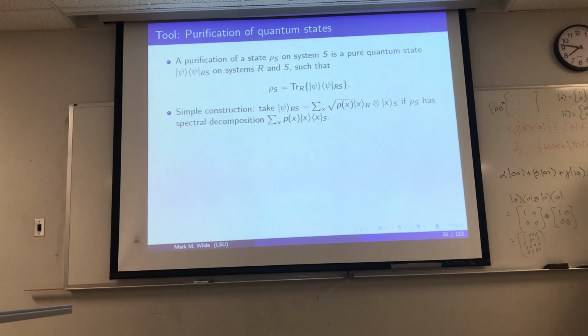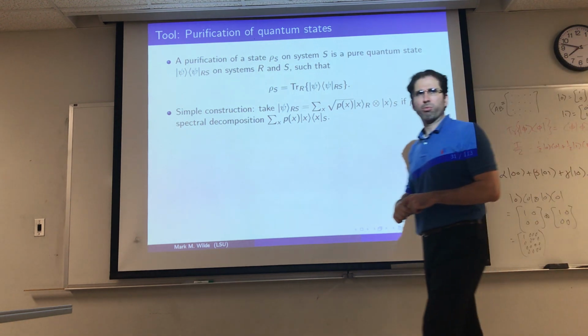For the purification, you take the square root of the probabilities, they go to probability amplitudes, and the bras go to kets. What do you get? The maximally entangled state, which we talked about. So the maximally entangled state purifies the maximally mixed state.